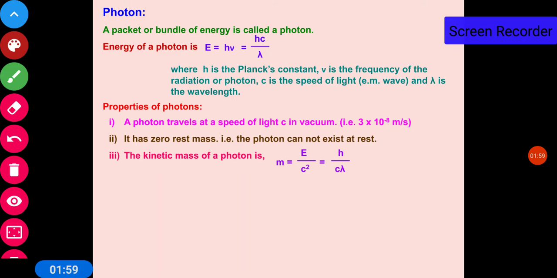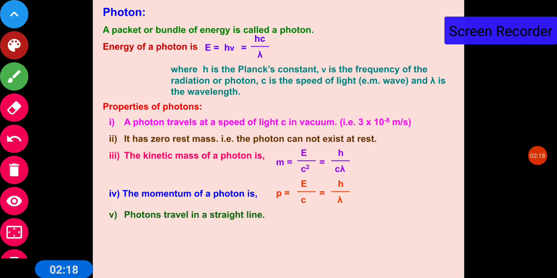So the same way we can find the mass of the photon, E upon c square is equal to h upon c lambda. The momentum of photon is P is equal to E upon c is equal to h upon lambda. Photon travels in a straight line.